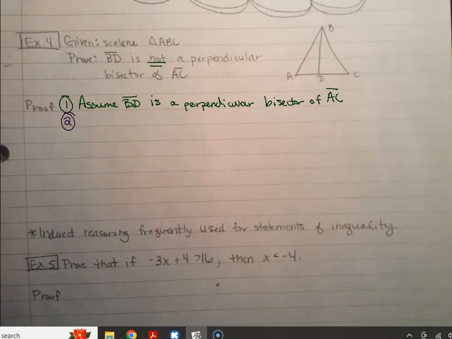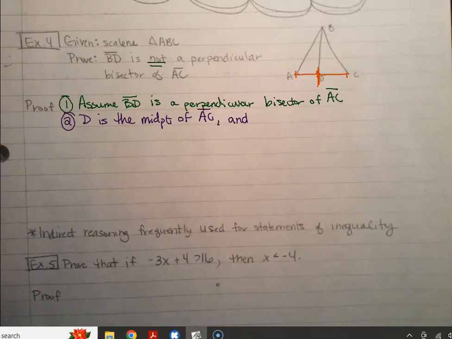Okay, so if BD is the perpendicular bisector, then D would have to be what? Good, a midpoint. So we would say D is the midpoint of segment AC, which also means, what does that mean about the distance from A to D and C to D, if D is the midpoint?